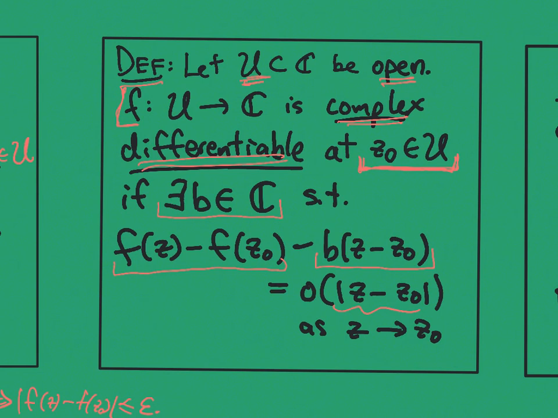So it has to be little o of z minus z0 as z goes to z0.